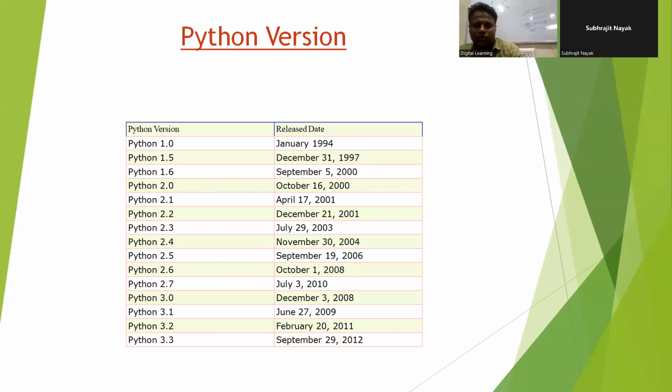And if you check the popularity of Python now, it has become more popular because it is simple to write programs and it gives results very fast compared to other programming languages.